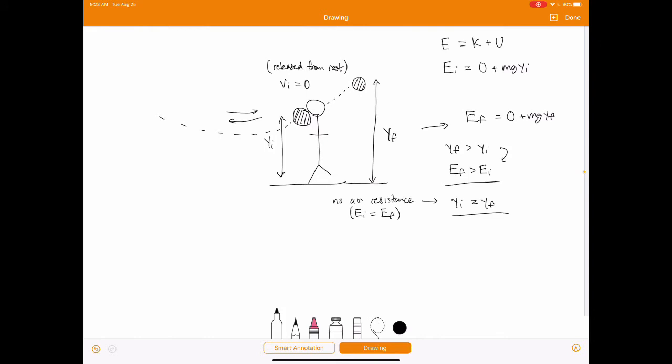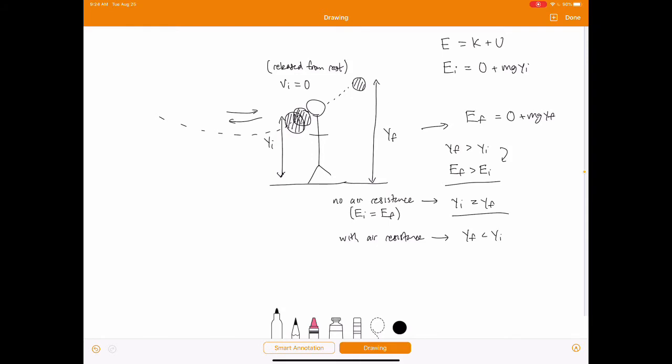If we do have air resistance, by the way, then y final is going to be a little bit less than y initial. So it's not even going to come exactly back to the height it started from. It's going to fall a little bit short of that, maybe something like this. Okay, because it's going to lose a little bit of energy because of that air resistance.